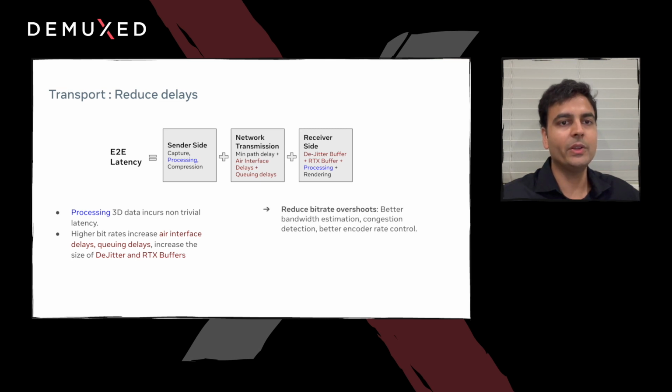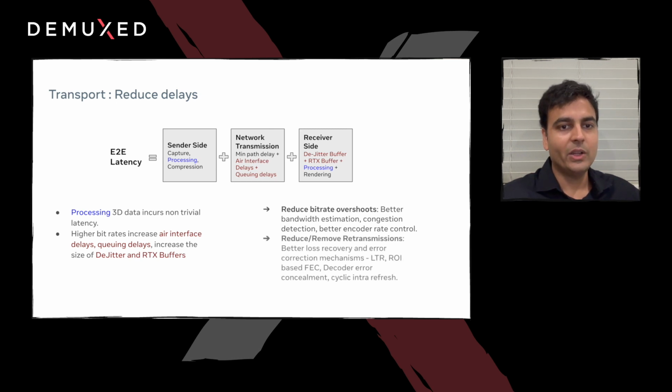One, we can reduce the bitrate overshoots. We can deploy better bandwidth estimation, congestion detection, and encoder rate control algorithms to make sure that the outgoing bitrate always stays as close as possible to the estimated bandwidth. If we don't overshoot, we will not run the risk of self-inflicted delays.